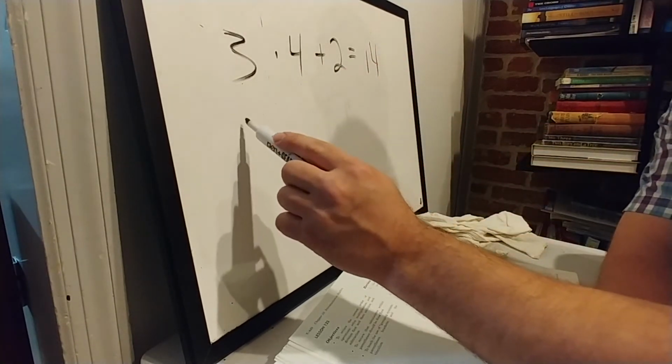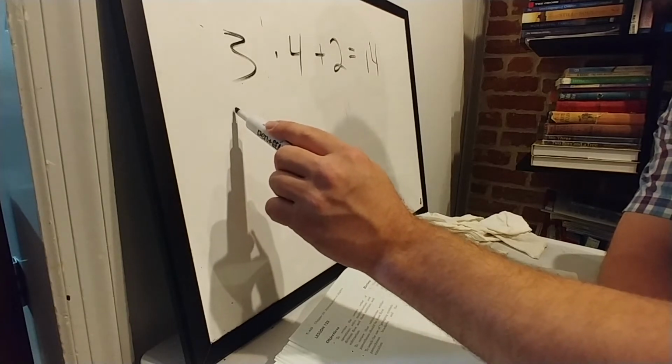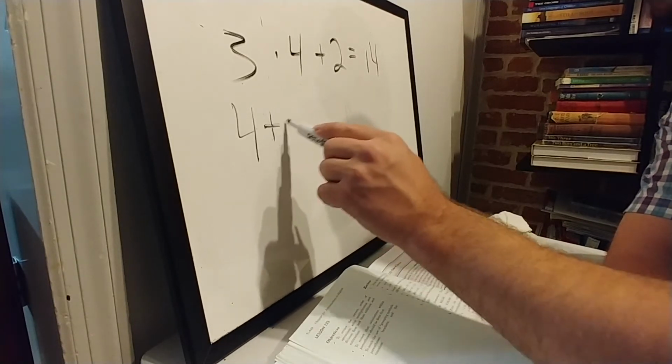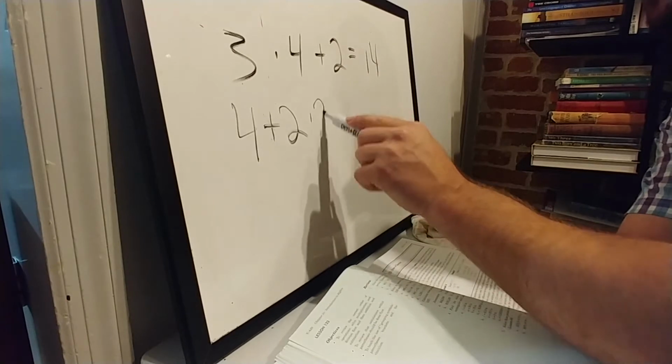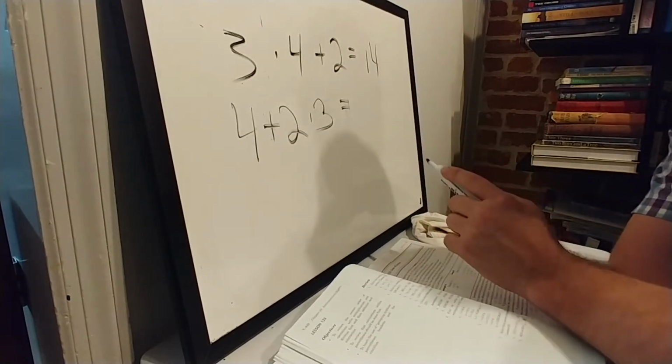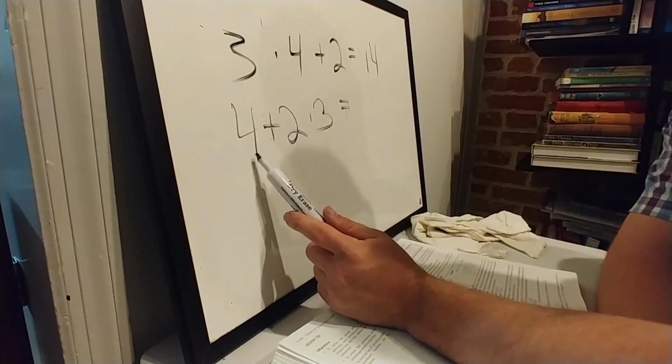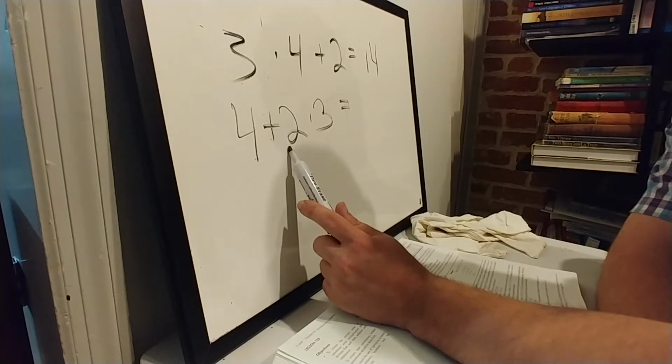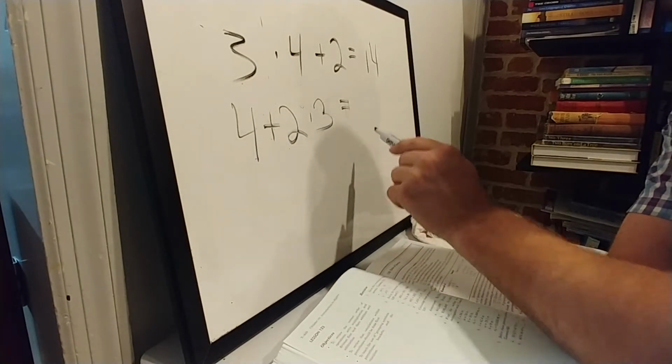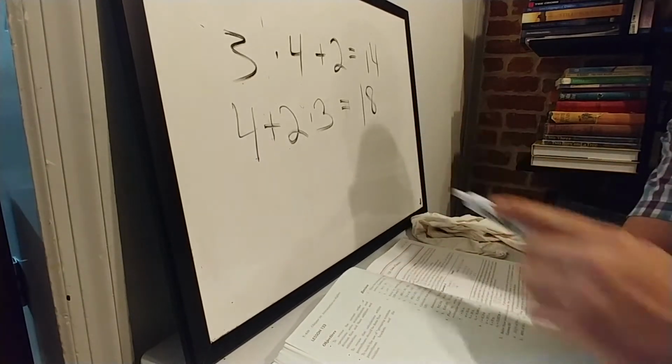Now let's say it was 4 plus 2 times 3. Normally in math you would say 4 plus 2 is 6 times 3 is 18.